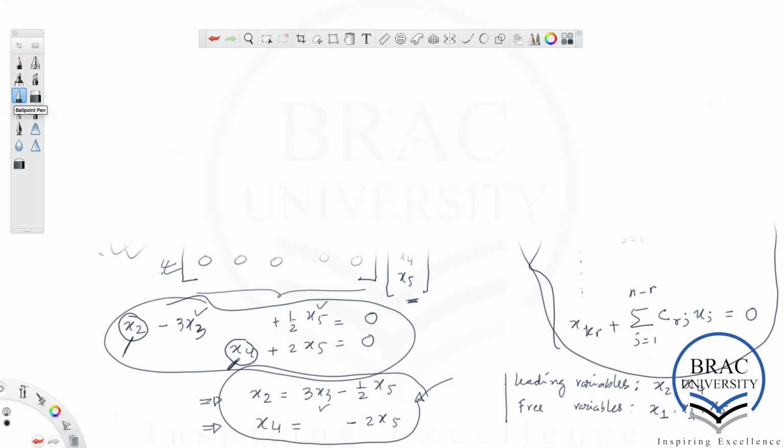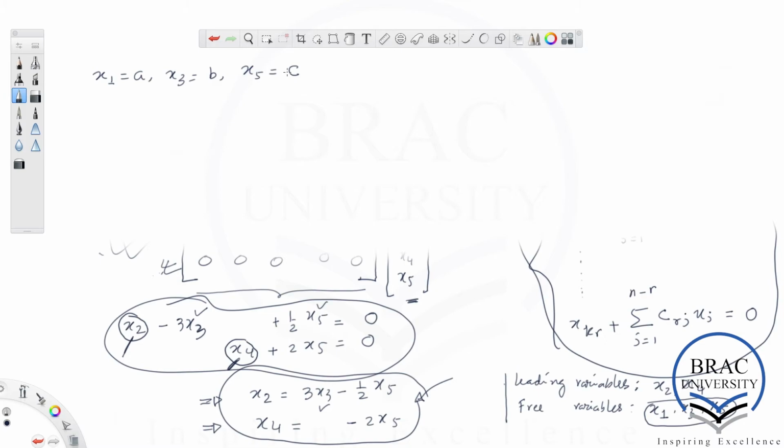So now assign arbitrary values to the free variables. So we choose x1 to be equal to a, x3 to be equal to b, x5 is equal to c. Okay, we can assign any value to a, b, and c.